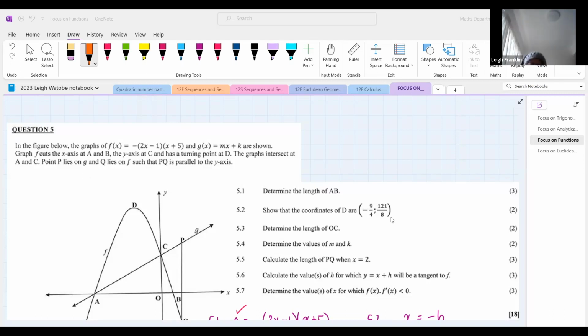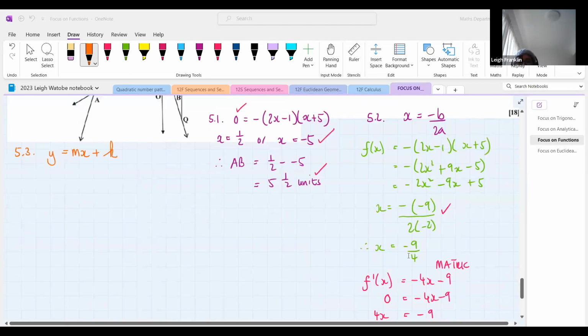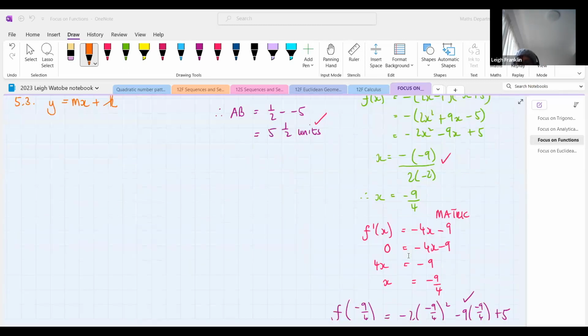Okay, so if you want to find the coordinates at the turning point of a parabola, there is one other way that you can do it in addition to what I have done here. Rosaria, are you in grade 10, grade 11 or grade 12? Grade 12. Okay.